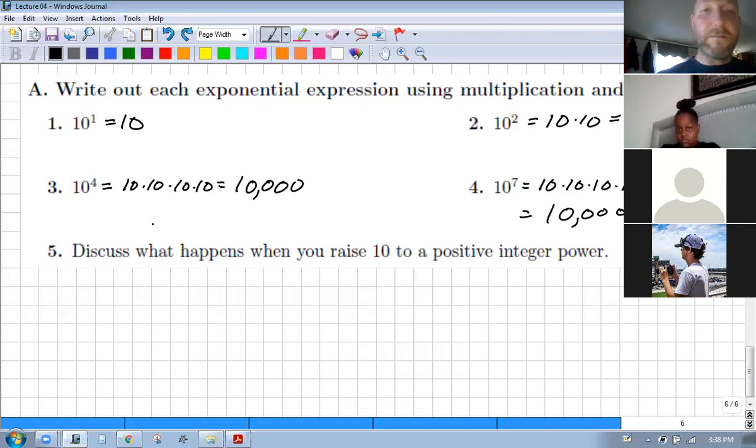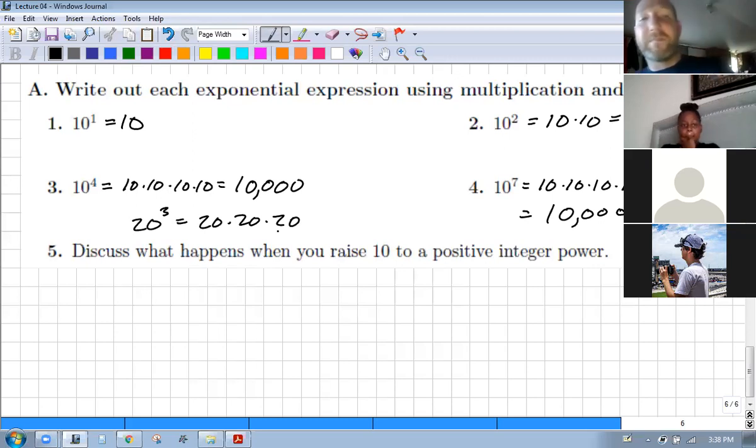It's just whatever number, 7 times or 2 times or 4 times. If you look at 20 cubed, that's 20 times 20 times 20. So instead of doing 3 zeros like you're doing in 10, you would do 6 zeros?